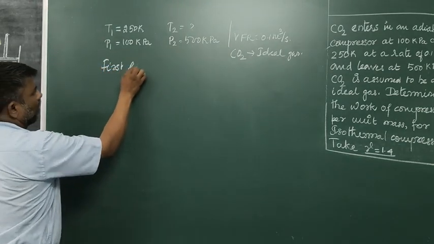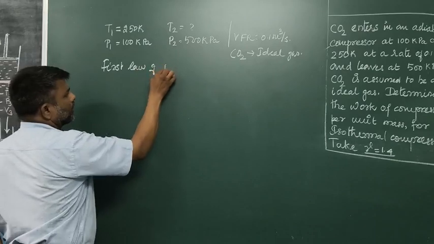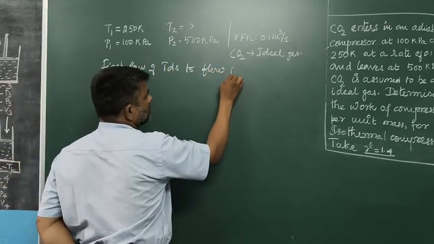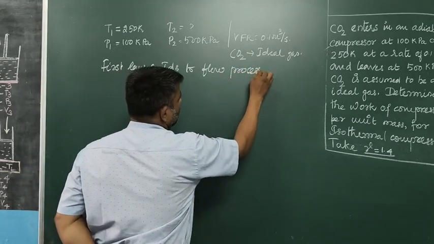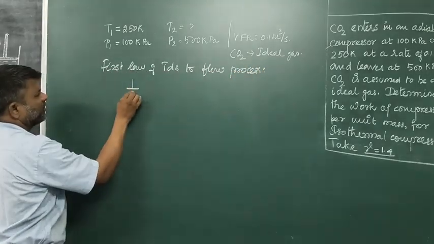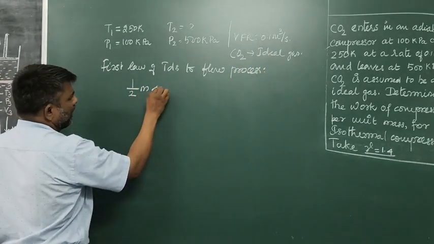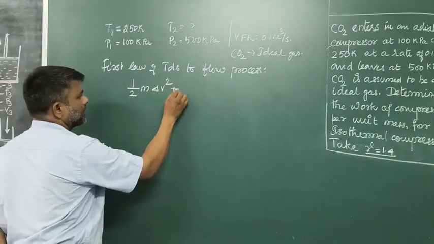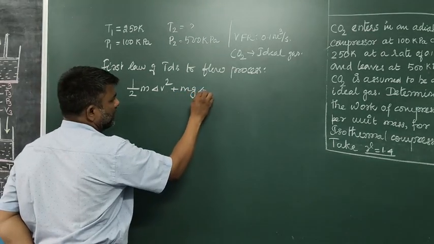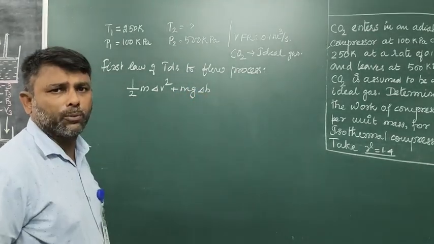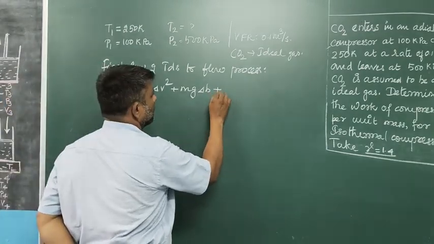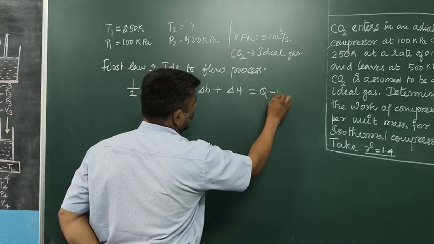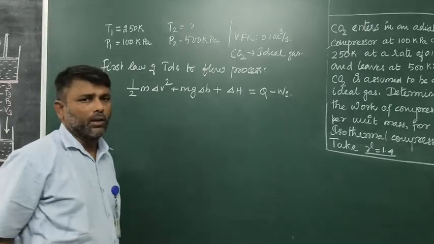First law of thermodynamics to flow process is: half m del V square, that means role of kinetic energy, plus m g del H, that means role of potential energy, plus changes in enthalpy del H is equal to Q minus Ws.